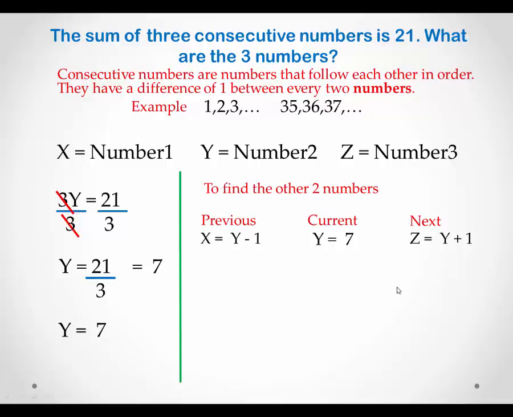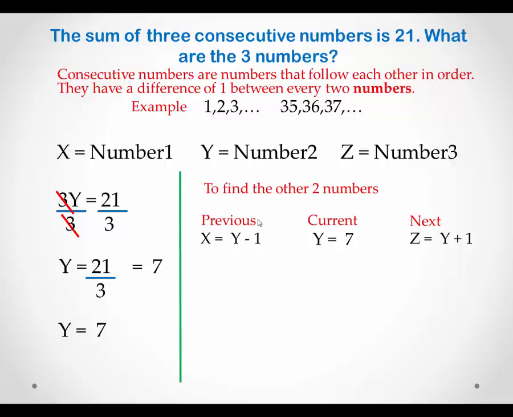To get the previous, all you have to do is subtract 1 from the current number, which is y minus 1. And to get the next, you just add 1 to the current number, which is y plus 1. So this will always work as long as you're dealing with three consecutive numbers.